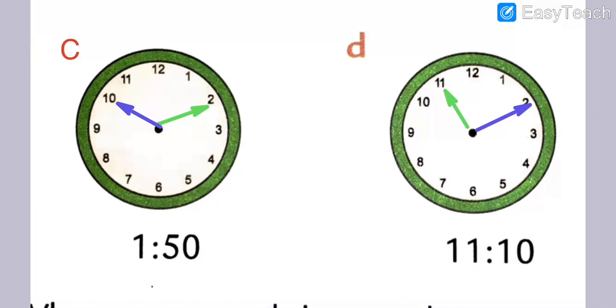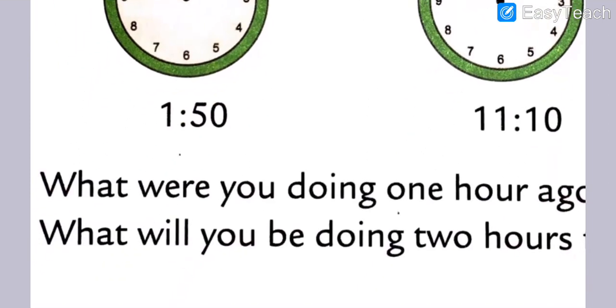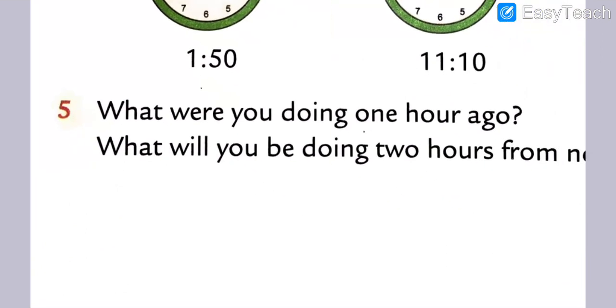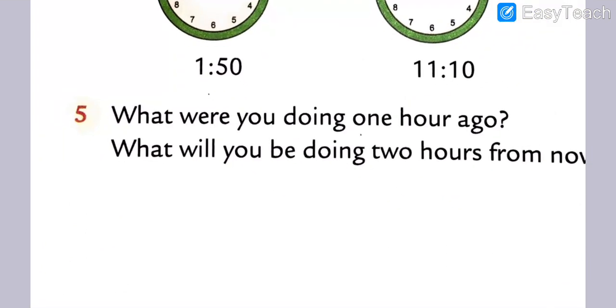Okay, and now the last 2 questions. Question number 5 is, what were you doing 1 hour ago? Before 1 hour ago, what were you doing, my dear students? So you have to write in your book your own answer. If you are now watching a lecture, so before the lecture, what did you do?